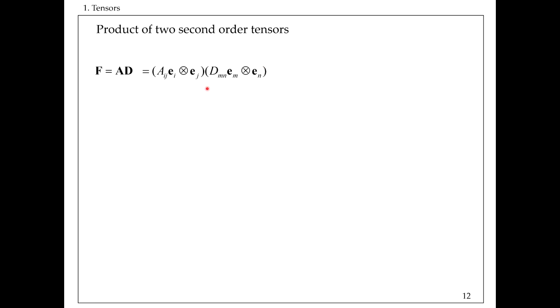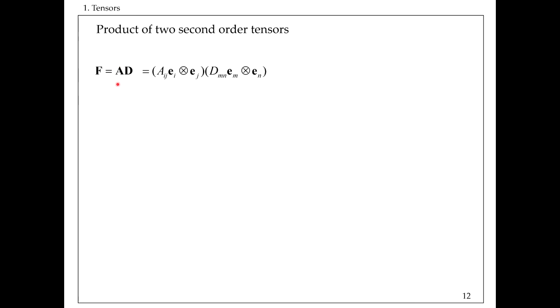And again, this could be written more specifically if we put a dot here, indicating that there is a dot product between A and D, meaning that these two vectors will contract, so there will be a scalar product between Ej and Em, while Ei and En still will be written with tensor multiplication.